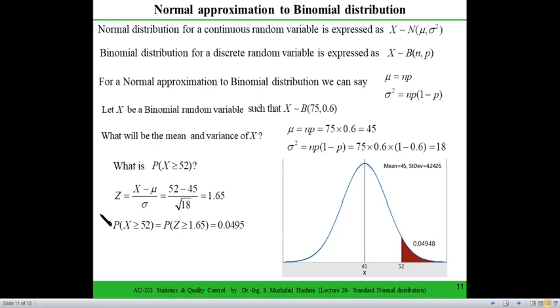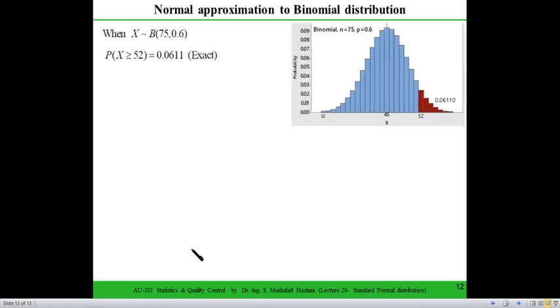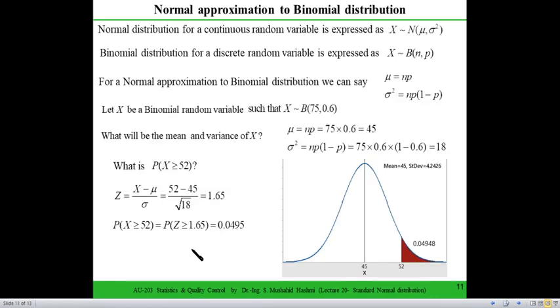So we will be able to calculate this probability, and the probability comes out to be 0.0495. So we are getting a probability of around 4.95%, around 5%, if we approximate a binomial random variable as a continuous random variable.